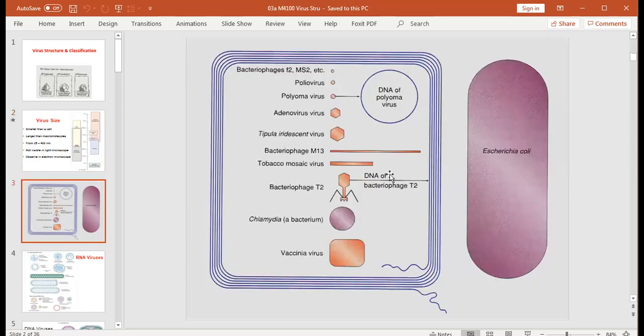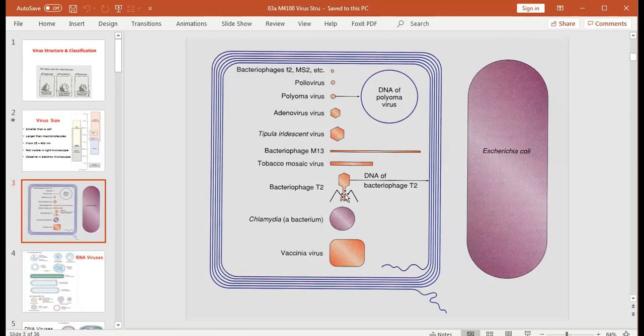Next slide is just a depiction on the right-hand side of a gram-negative bacteria called Escherichia coli or E. coli, and a comparison of its size with some of the known viruses. These can include bacteriophages, F2, MS2, or even bacteriophage T2.